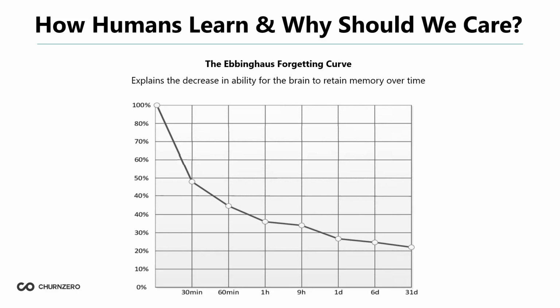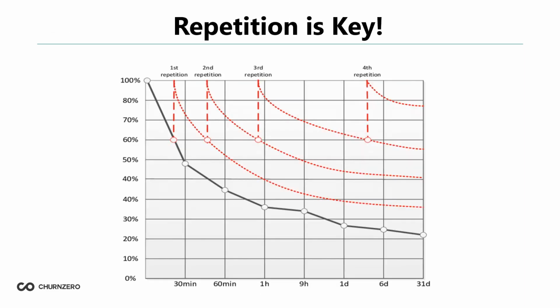Then the question came, how do we increase the retention rate? It turns out to be repetition. It could be the same exact content, but over time and with the number of repetitions, we as humans will continuously retain more of that content. I think we can use this study directly in our application.